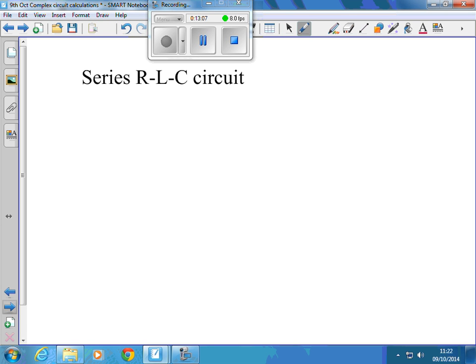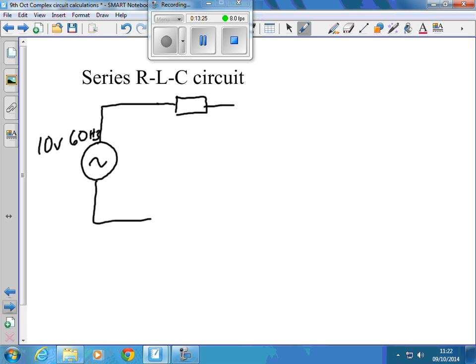So I'm going to do an AC circuit on the fly. We'll stick with our 10 volts, 60 Hz if we need it. Going to have a resistor, an inductor and a capacitor in series.